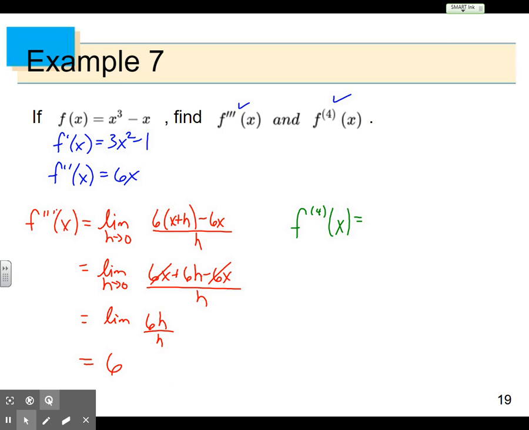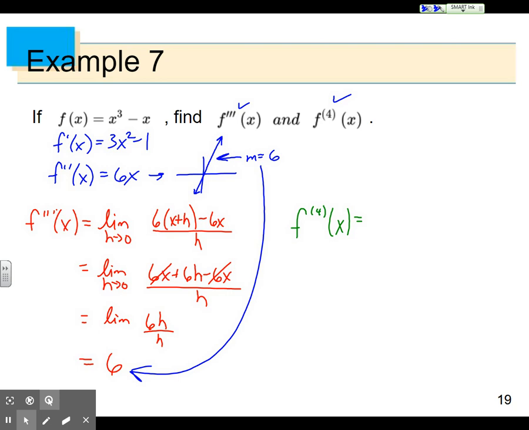So for my triple derivative, my third derivative, I got 6. But you know what? I probably could have told you that even with this, because I know if I graph this line, 6x, that's just a straight line that has a slope of 6. No matter where I'm at on this line, my slope is equal to 6, which is the derivative.